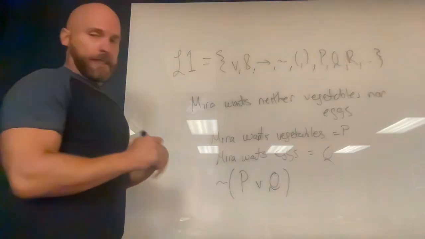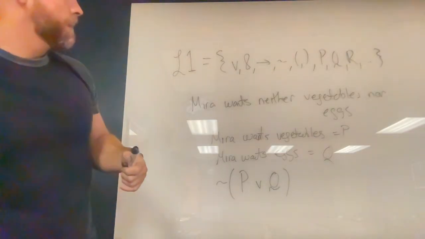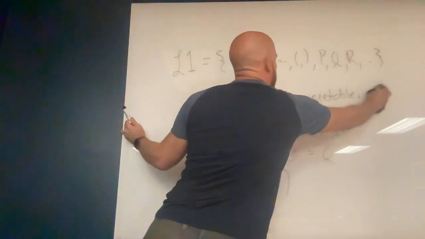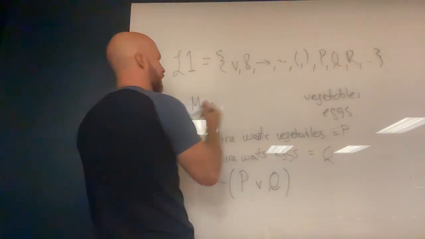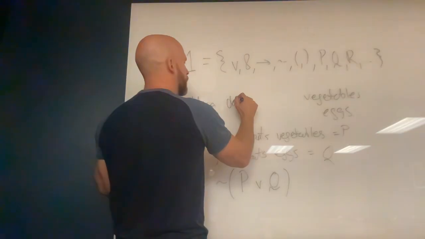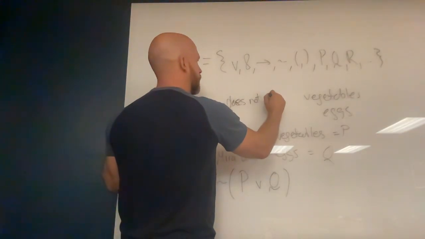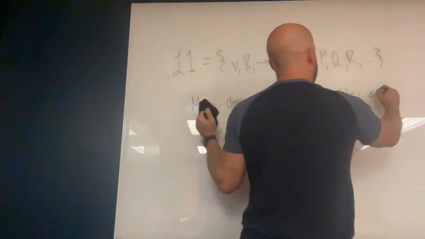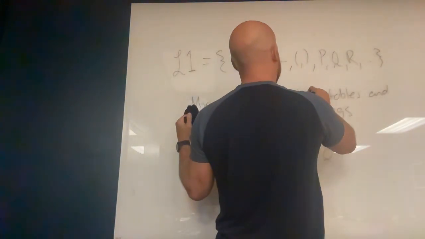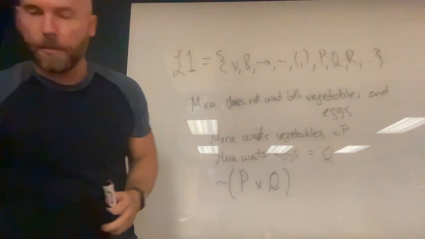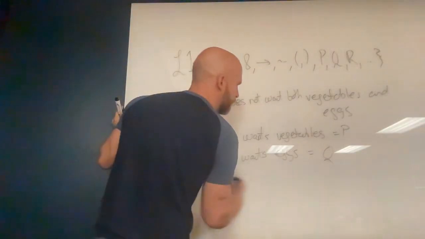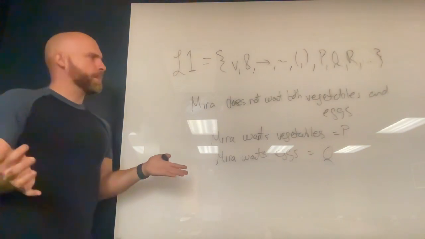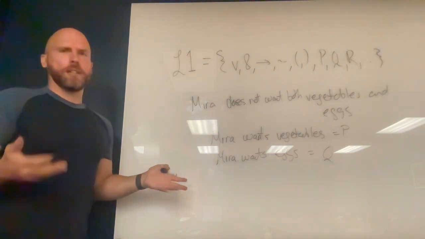This is different from saying something like, Mira does not want both vegetables and eggs. And we can use our same key here, P and Q. But we're leaving an option open here that she might want one or the other, but not both.